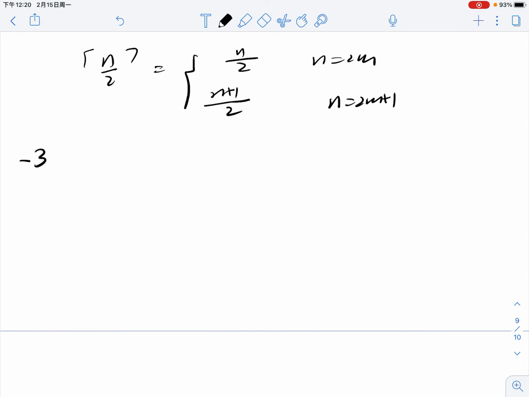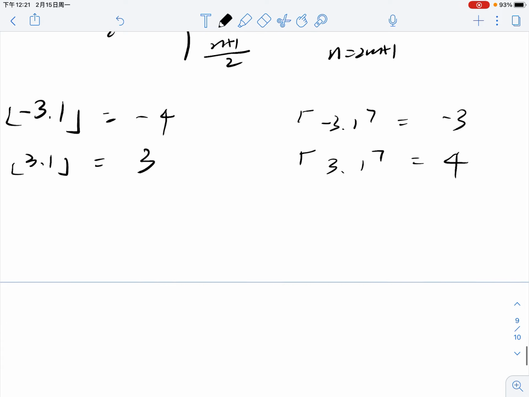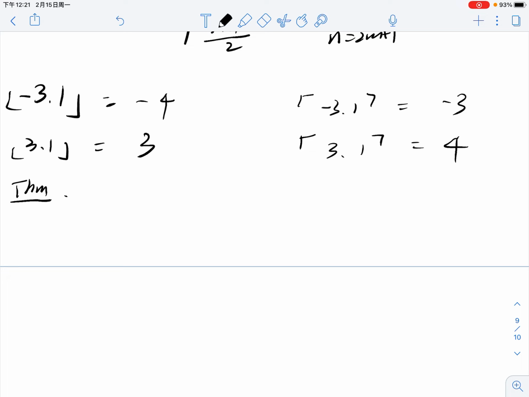And also, for example, for negative 3.1, the floor is negative 4. For positive 3.1, the floor is 3. The ceiling of negative 3.1 is negative 3. The ceiling of 3.1 is 4. Okay, in this notation, we have the following, which is part of the result in the previous theorem.